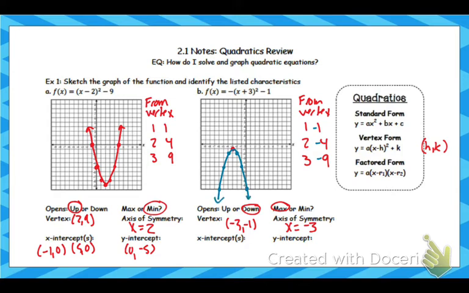And that's my graph. Now you'll notice on this one, because the vertex is below the x-axis, and because it opens down, there are no x-intercepts. The y-intercept here would be 0, -10.